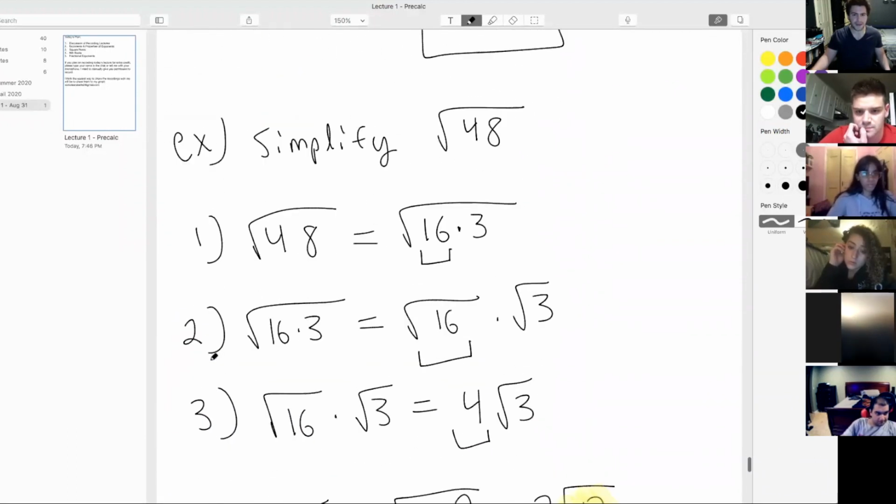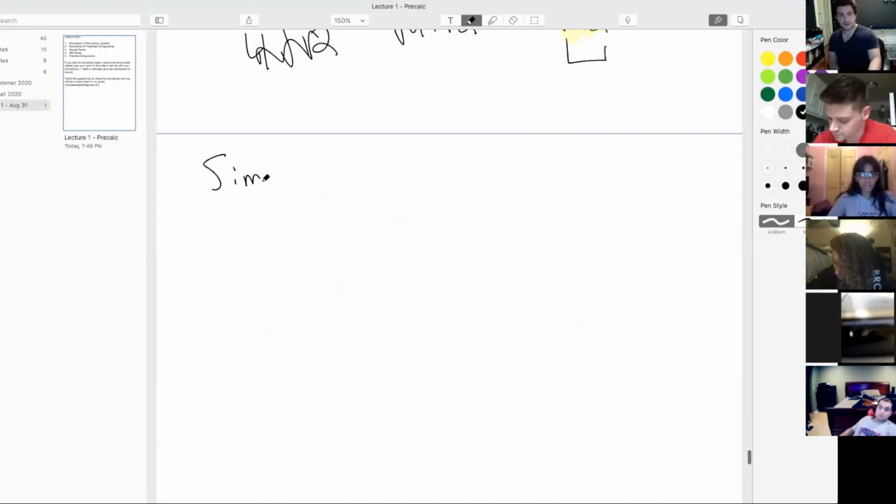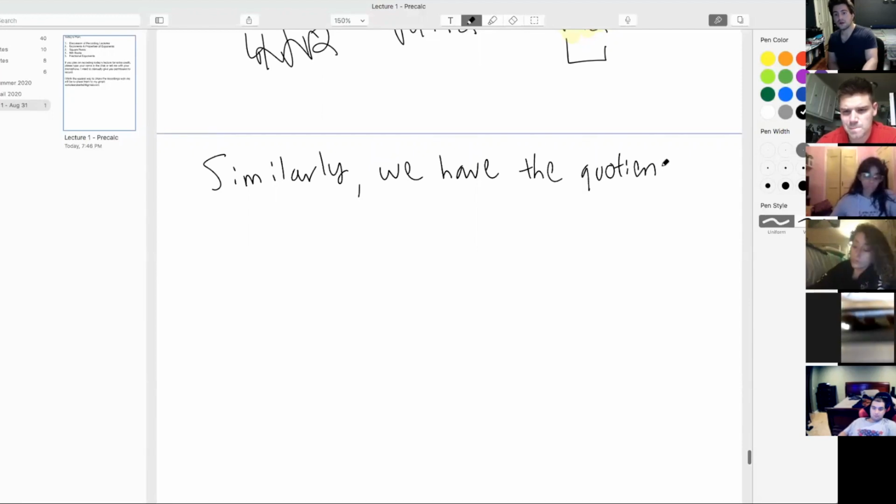So this was the power rule. We're just going to quickly do the quotient rule, and this is pretty easy. So similarly, we have the quotient rule.